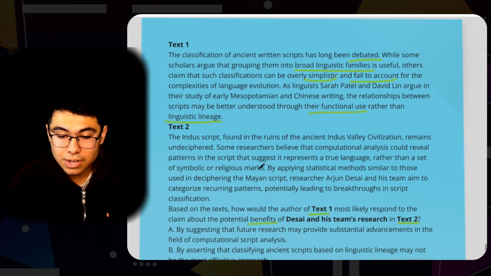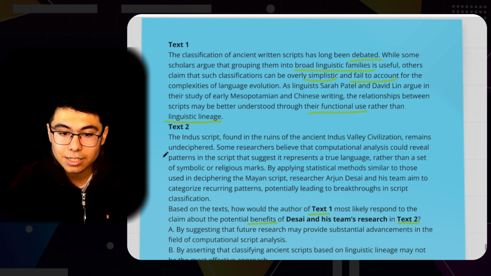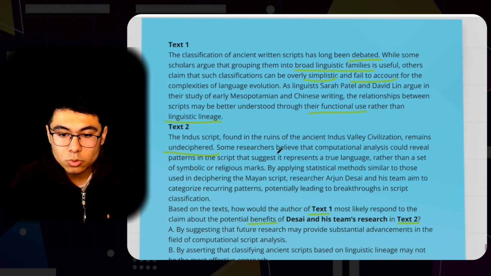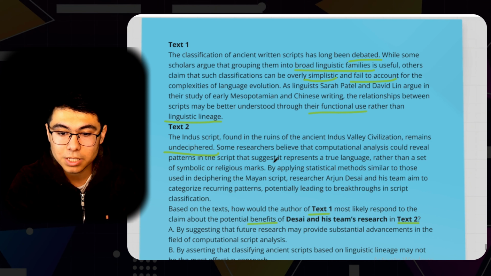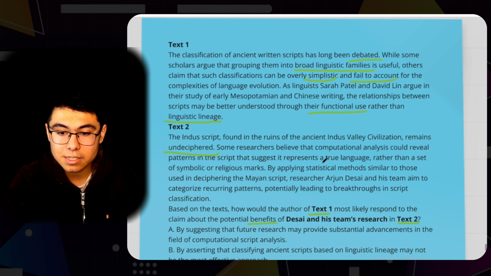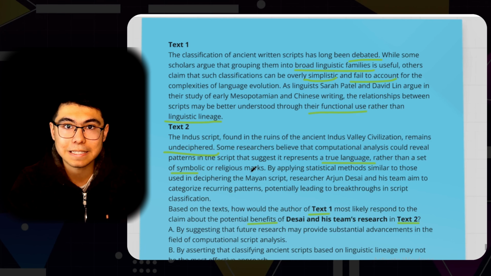The Indus script found in the ruins of the ancient Indus Valley civilization remains undeciphered. Some researchers believe that computational analysis could reveal patterns in the script that suggest it represents a true language rather than a set of symbolic or religious marks.